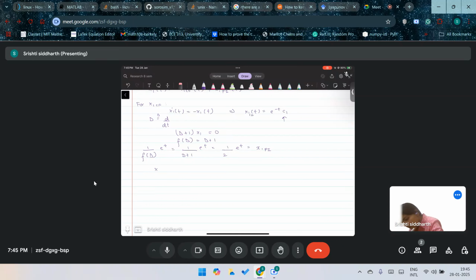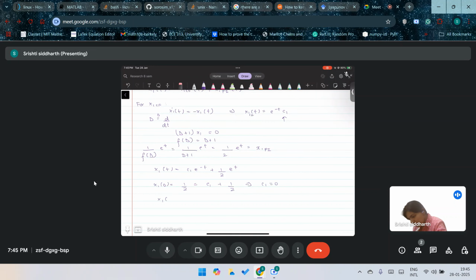So we can write x1 of t as c1 e to the power minus t plus half e to the power t. And now we can substitute the initial condition that x1 at 0 is half to find the constant c1. So this is c1 plus half, which implies that c1 is 0.